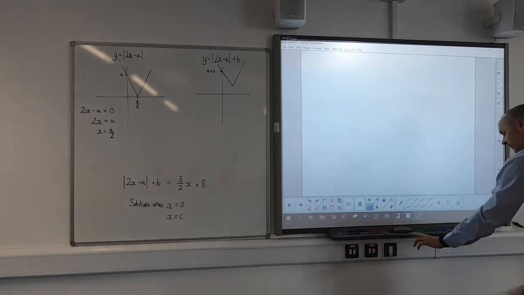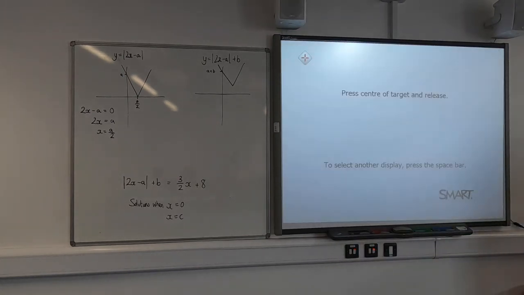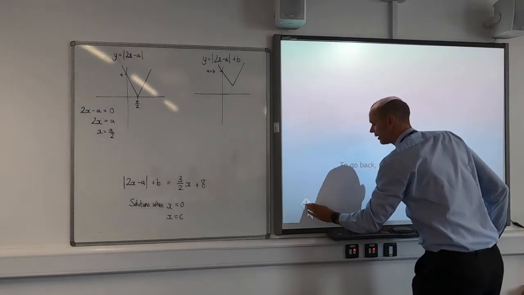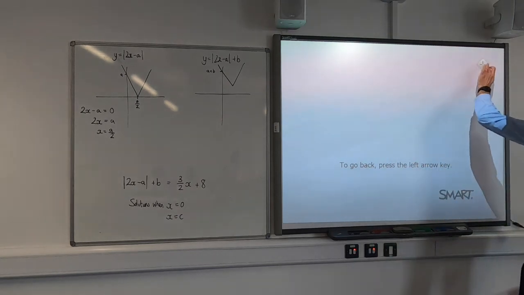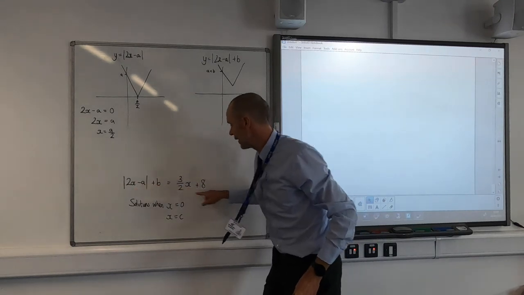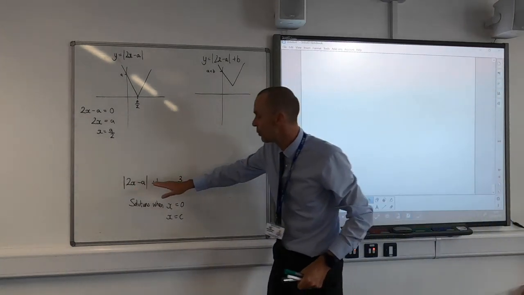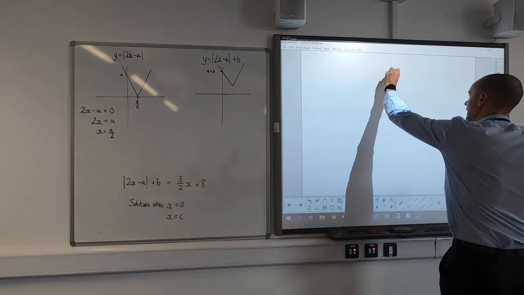Right, so we're told that this equation has two solutions. Now the left-hand side of the equation is one graph that we've just plotted. So let me redraw that over here.